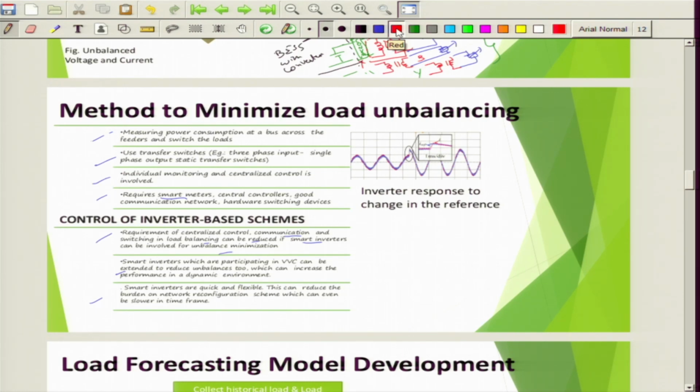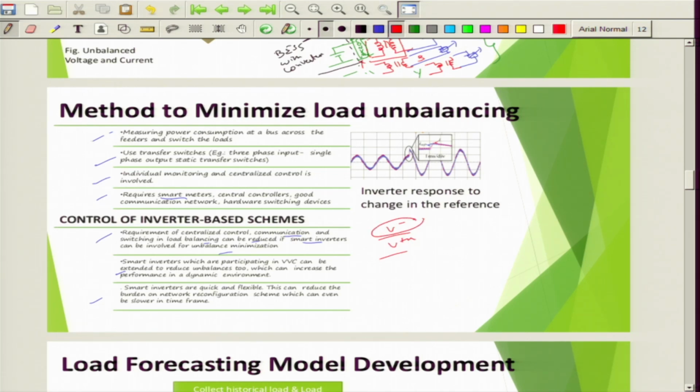Damping control can be brought in, or if there is a battery it can be connected across it, to try to reduce the unbalance. As we have understood, the unbalance factor is negative sequence by positive sequence, right?